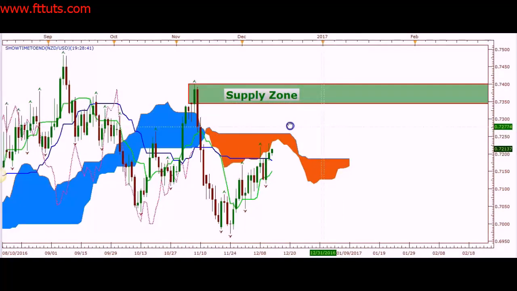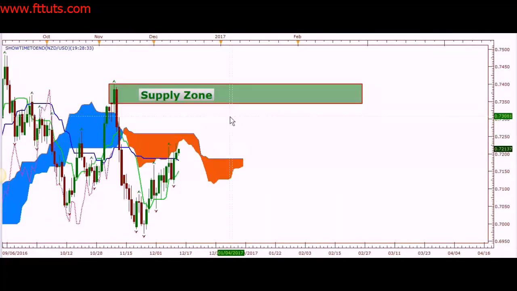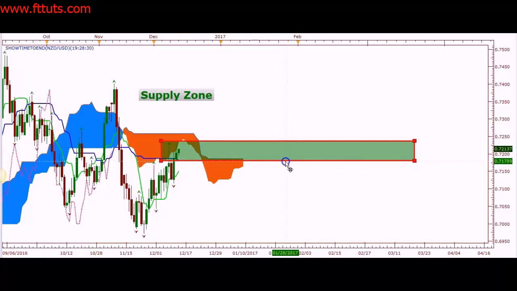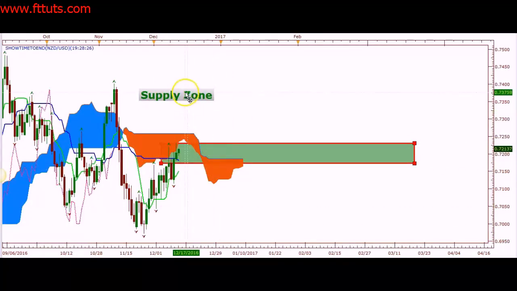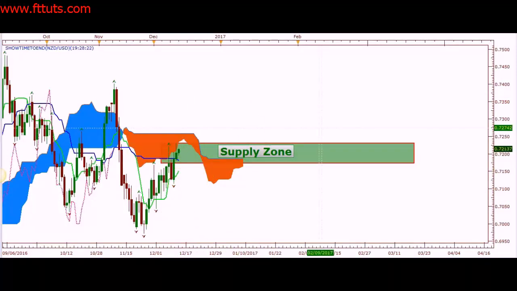Now say your zone, we'll get into it more when I show you some real examples. But suppose this was your zone right here, right? And you're below the cloud. Well, now you know you want to trade to the downside. This would be your supply zone. So suppose price did this, and I'm just saying suppose, so you get an understanding.